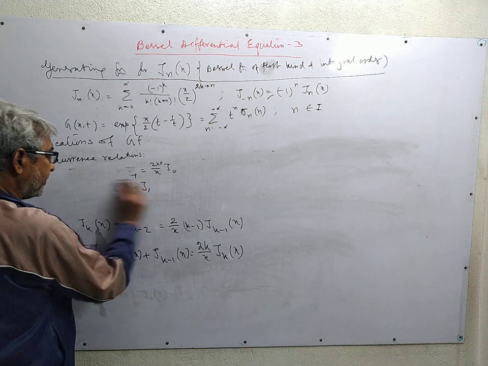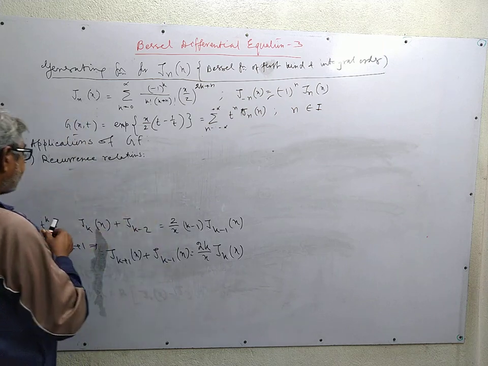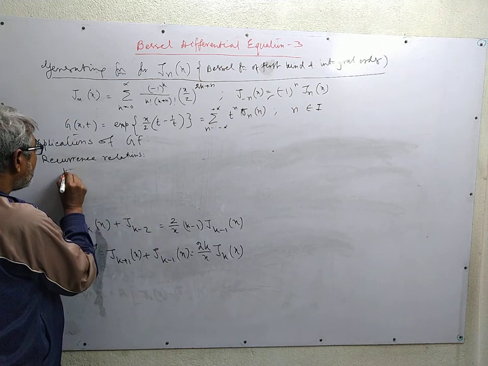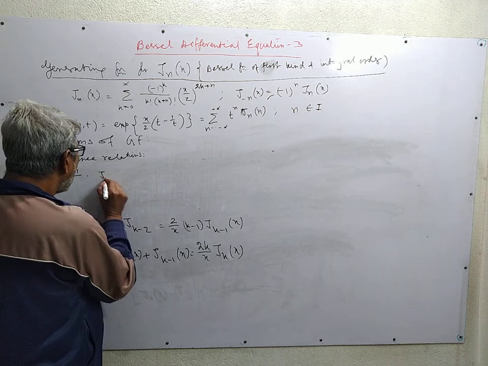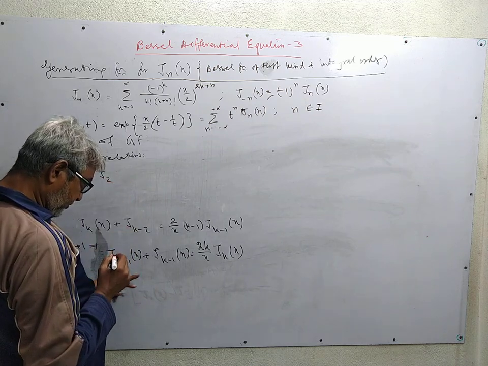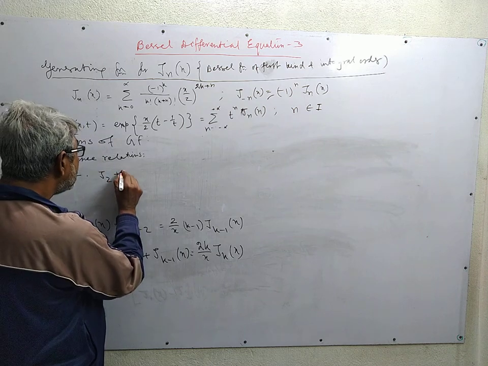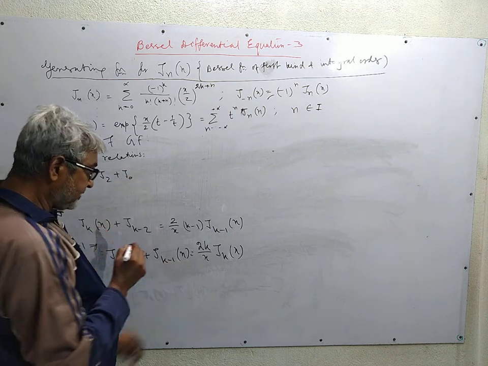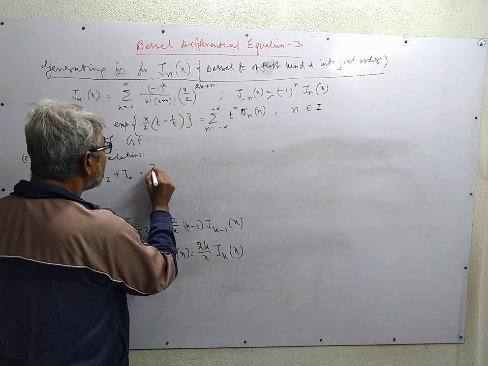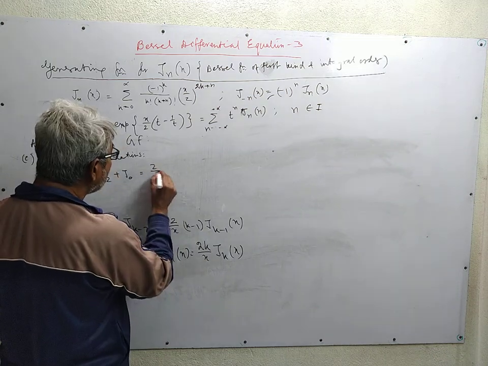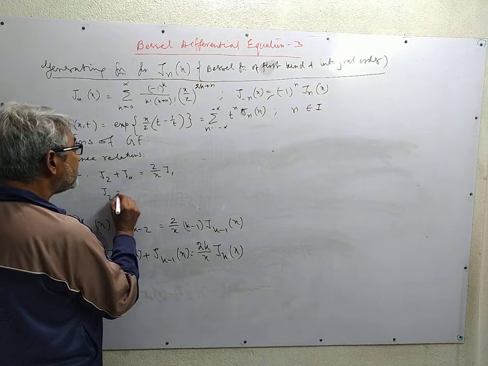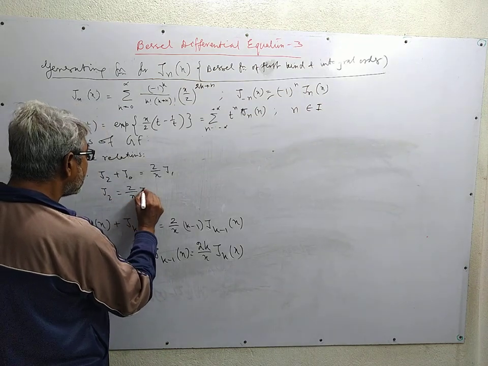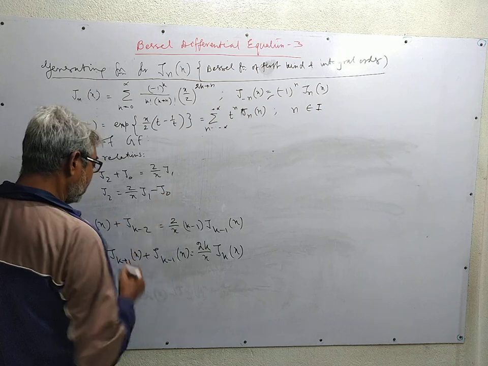So we try with k is equal to 1. With k is equal to 1 we get j2 of x, I am not writing the argument, plus j0, and on the right hand side we have, k is equal to 1, 2 by x j1. So we can write j2 is equal to 2 by x j1 minus j0.